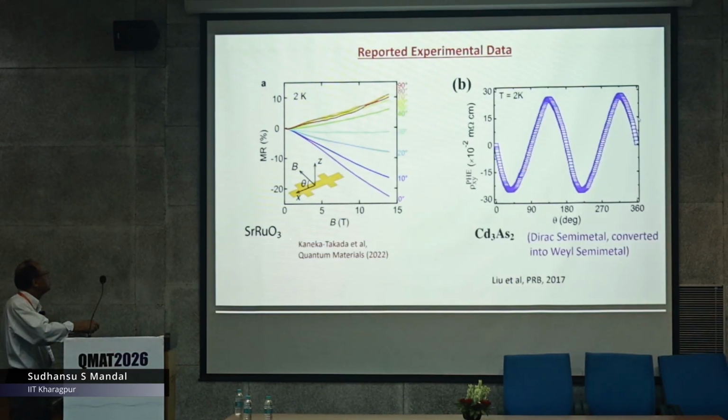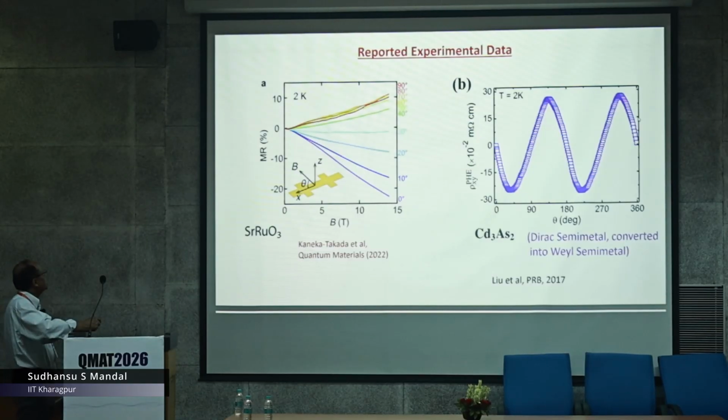So if I look at the experiment, you see that the magnetic field makes an angle theta with the plane, and there is a perpendicular to the z. When this theta is large, so it's closer to perpendicular, the magnetoresistance is positive, but it becomes negative when theta is smaller and also at 0 angle.